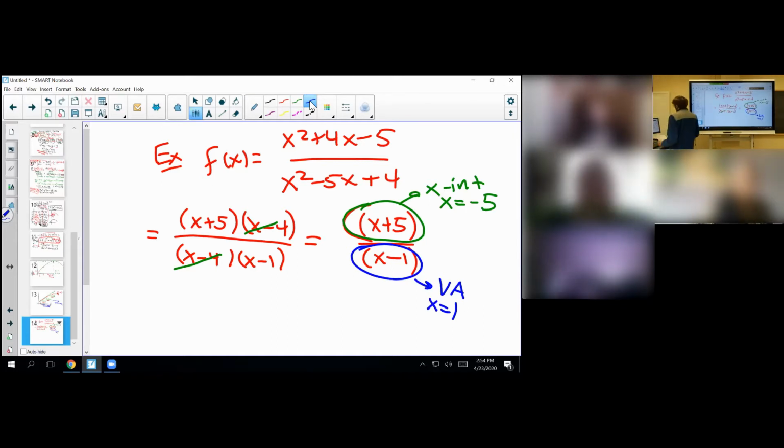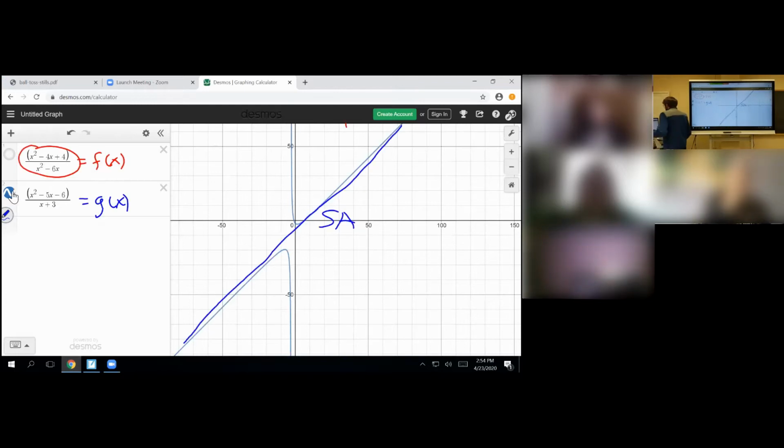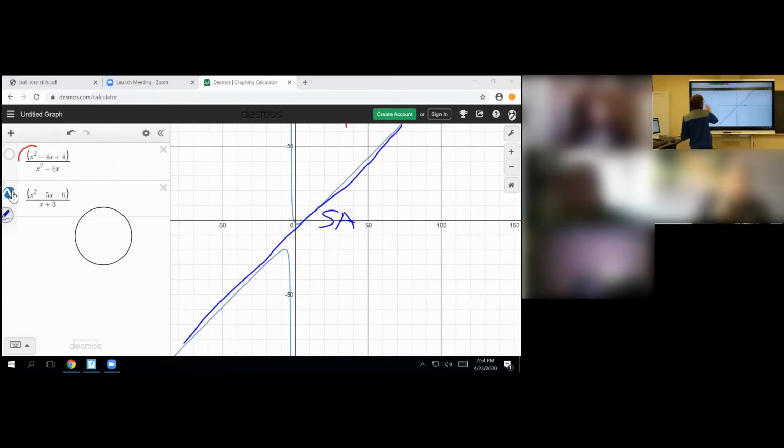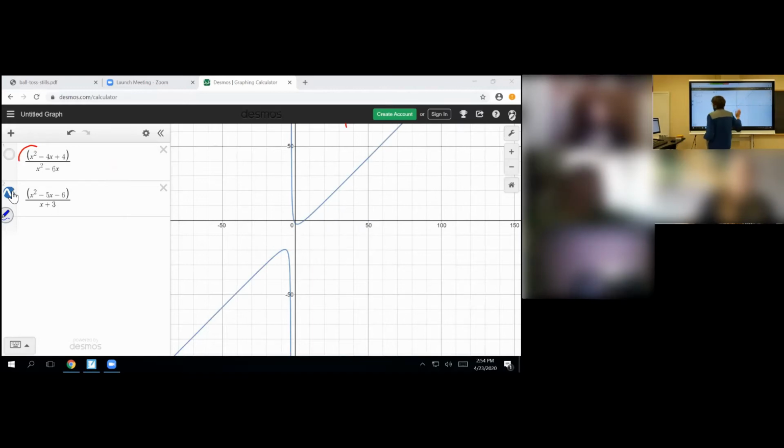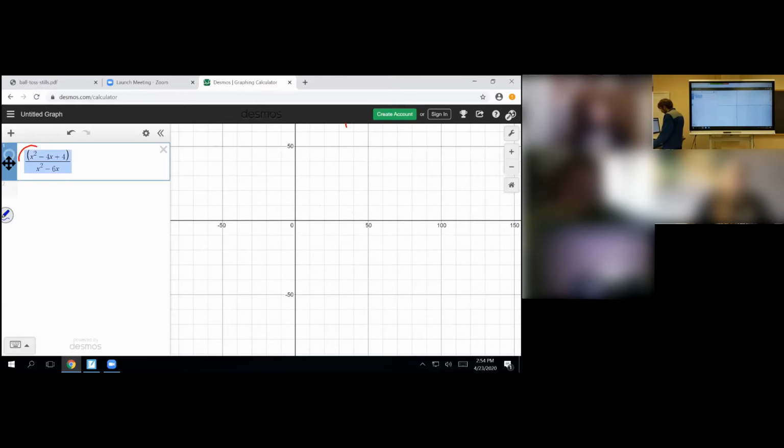So let's go back to Desmos and actually graph this one. Let me just erase this, and I'm going to get rid of these now. So this is x squared plus 4x minus 5 over x squared minus 5x plus 4.